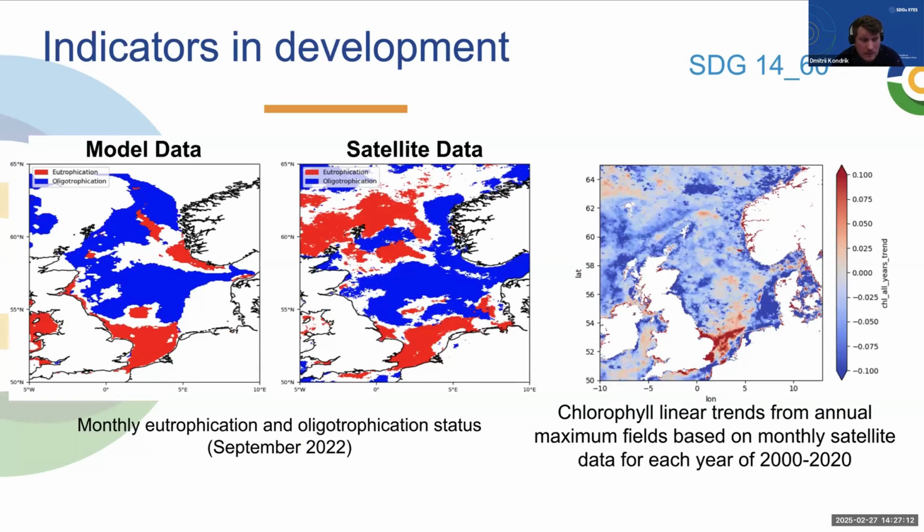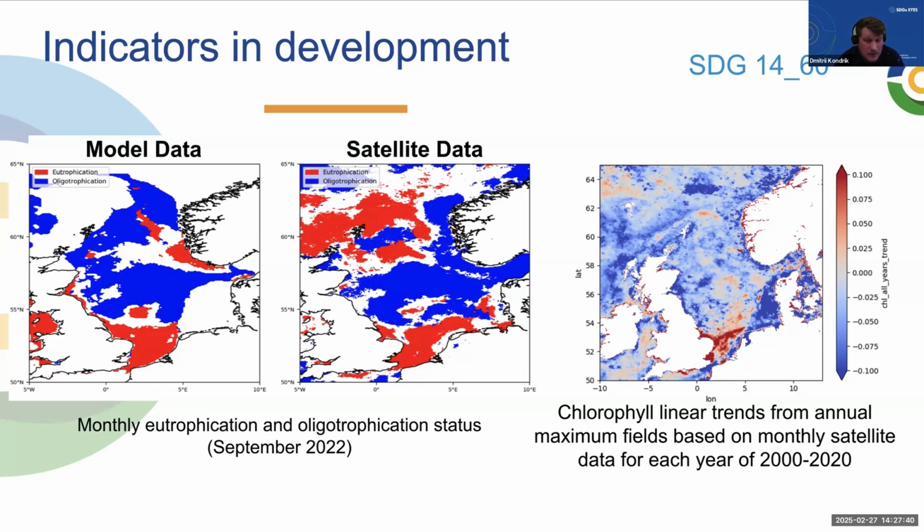Also, as I mentioned before, we have these indicators in development, including the feedback obtained from the previous user uptake webinar. On the left two figures, we can see the monthly eutrophication index, because end users requested the possibility to assess the monthly state of the waters in terms of eutrophication, and we have made this attempt.